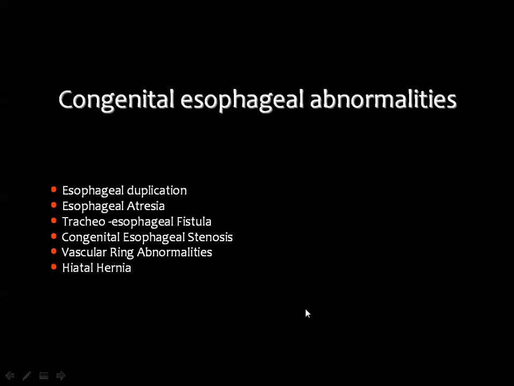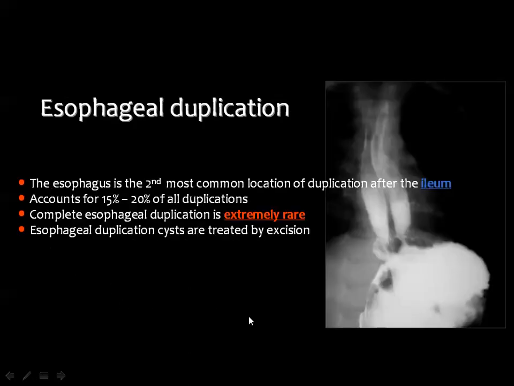And we have two types of esophageal abnormalities, the congenital and the acquired lesions. Congenital lesions will include esophageal duplication, atresia, tracheoesophageal fistula, esophageal stenosis, vascular rings, and hiatus hernia.